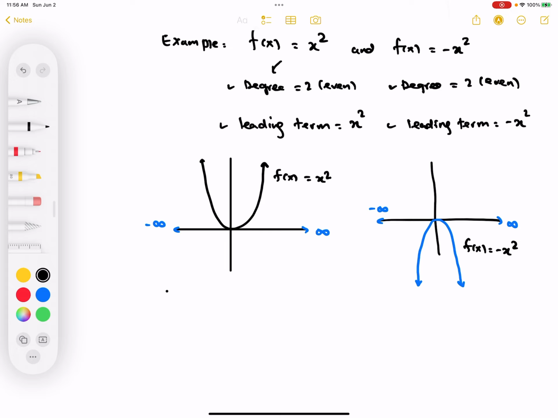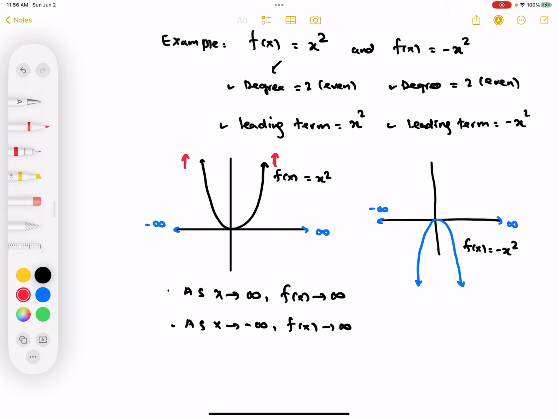For this one, as x goes to positive infinity, f of x goes up, and as x goes to negative infinity, f of x also goes up. On both sides it goes up, right?